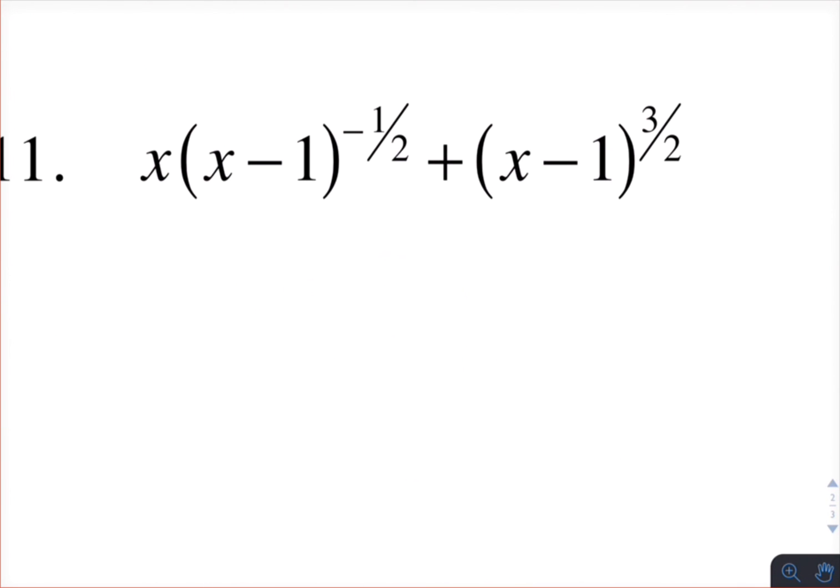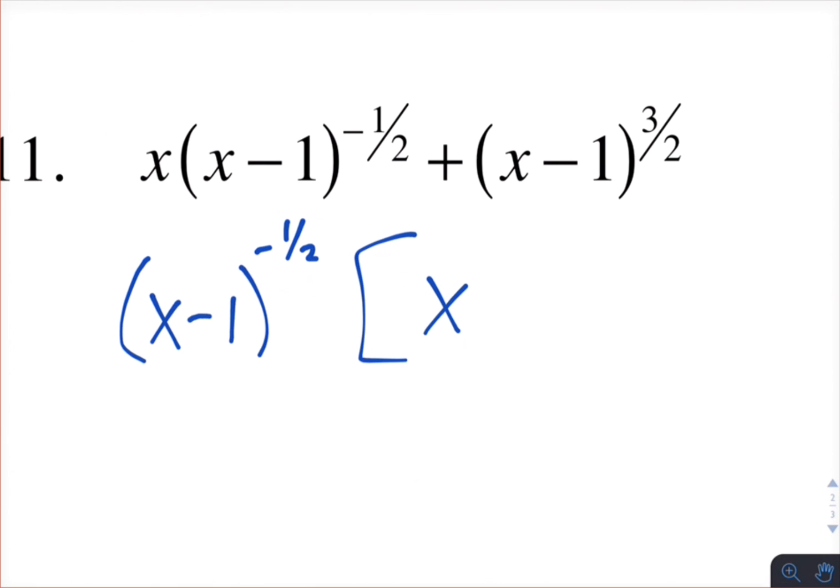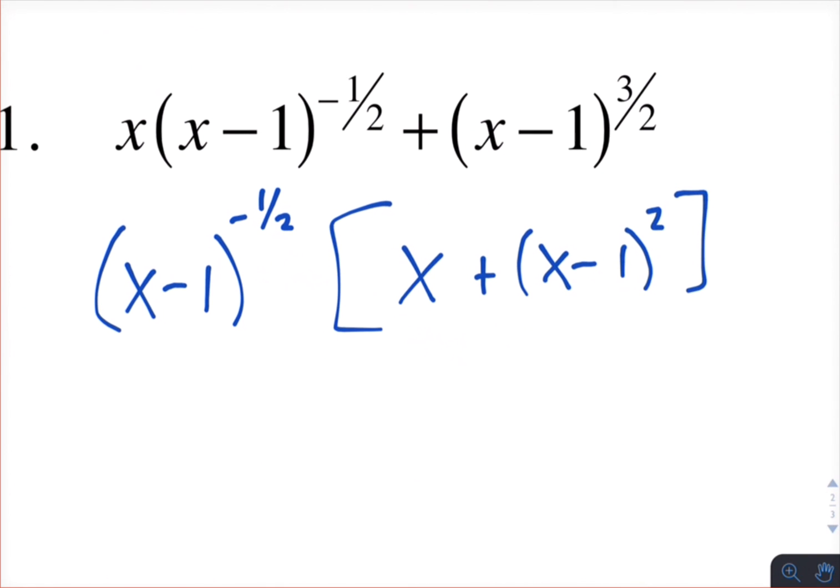And then here we've got a factor of x minus 1, and again taking the least exponent. And then we've got x plus x minus 1, and that's going to be squared. Right? 3/2 minus a negative 1/2 is 4/2, which is 2. So here we end up with x plus x squared minus 2x plus 1.